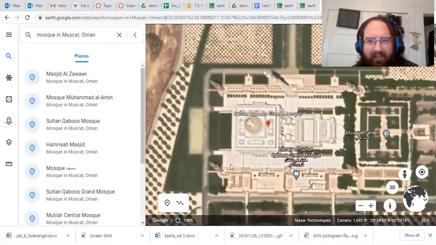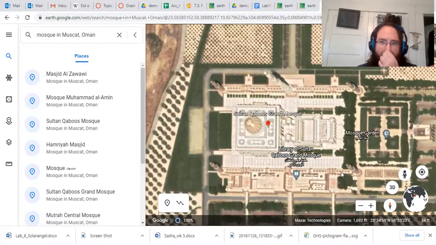Here you can tell this was definitely not taken during summer solstice. But notice how small the shadows are. So you can again use this information to figure out approximately what time of year and what time of day this satellite photo was taken. And I love this one. It's got actually four of these little tall towers on it.